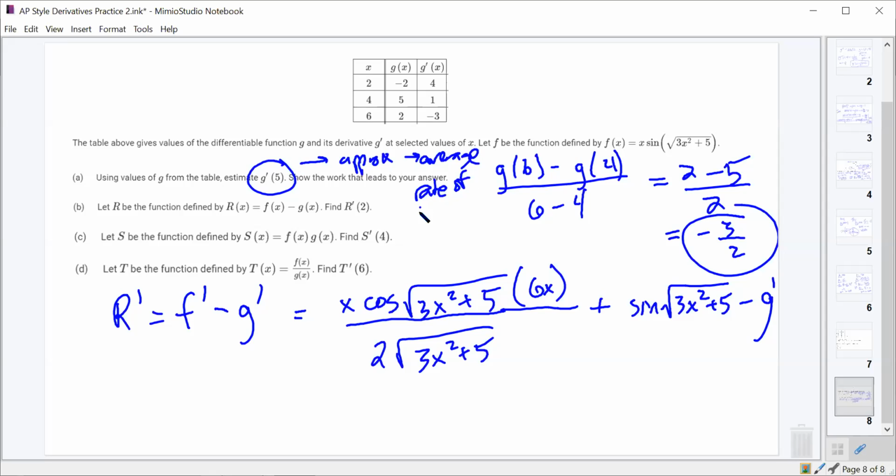So the average rate of change of g comes from g of 6 minus g of 4 over 6 minus 4, not g prime of 6, because that would be the instantaneous rate of change at 6 and the instantaneous rate of change at 4. Oh, okay. So we use the slope between the points, the average rate of change, to approximate the instantaneous rate of change.